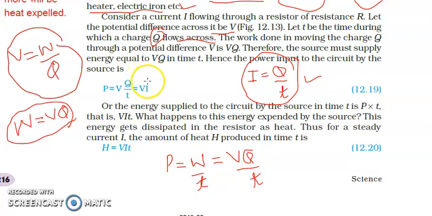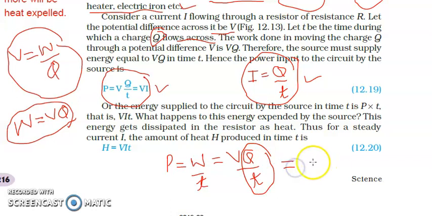Power is equal to work done, Q by t, and we know that current is charge flowing per unit time. So this Q by t will be written as I, giving V into I. So we get our first formula for the power of that particular electrical circuit. Power is equal to voltage into current, that is P is equal to V into I.